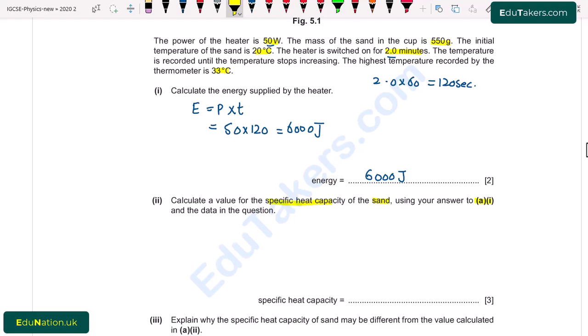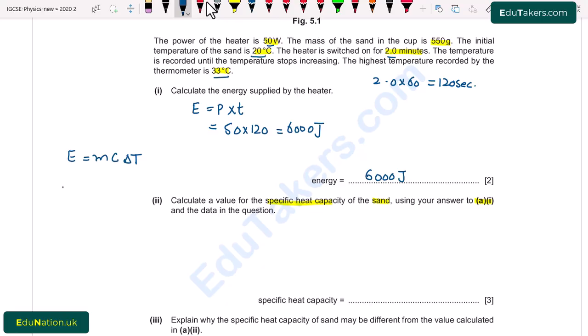We know that energy is equal to mass times specific heat capacity times the change in temperature. Here we have to calculate the change in temperature for our sand. The initial temperature of sand is 20 degrees C while the final temperature is 33.